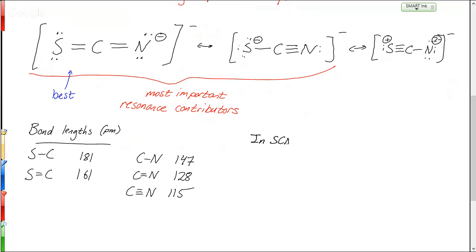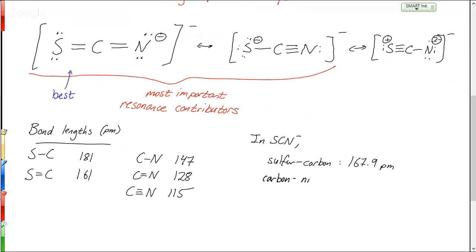In the thiocyanate ion, we see the sulfur-carbon length is 167.9 picometers.